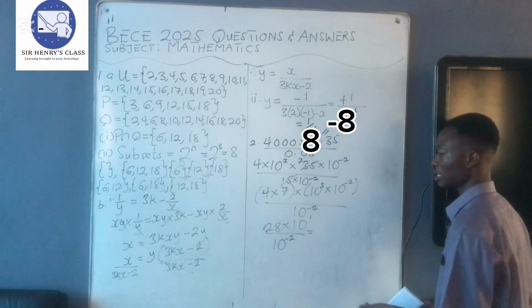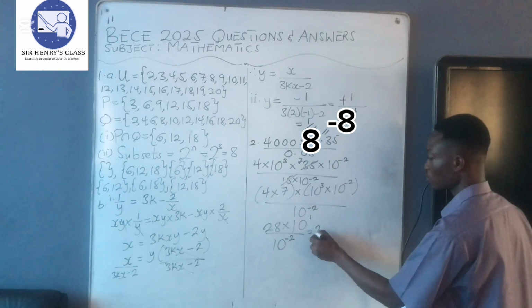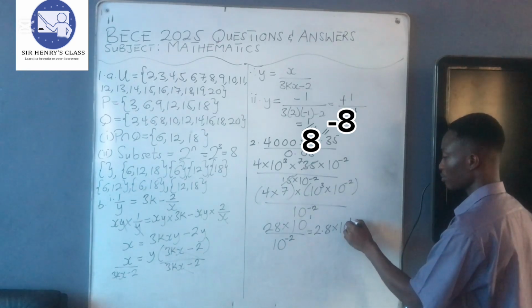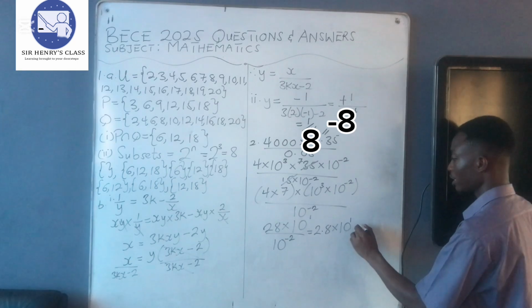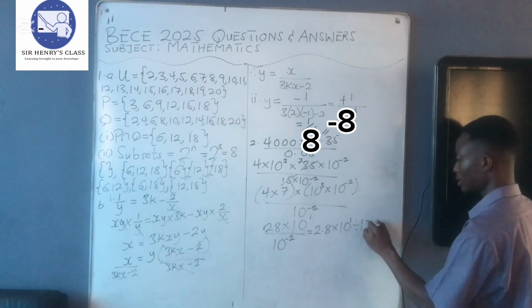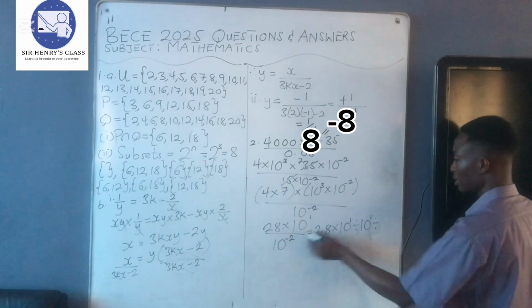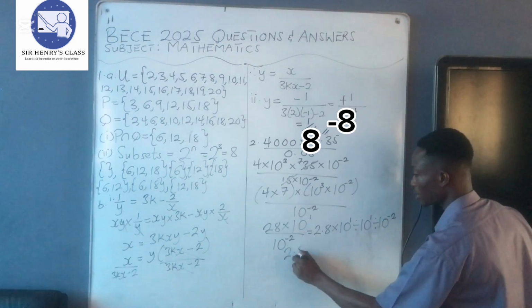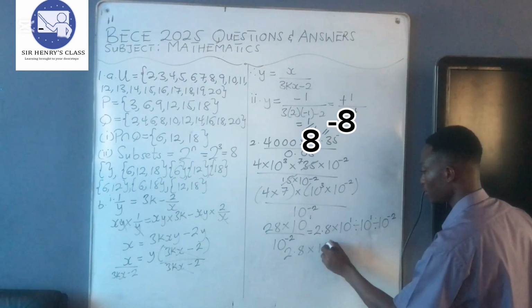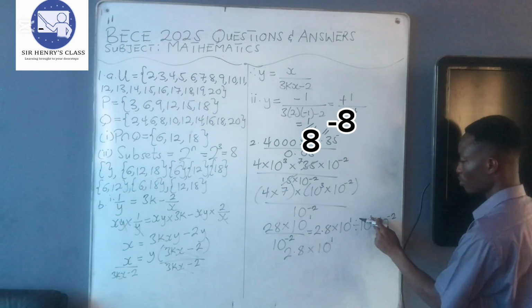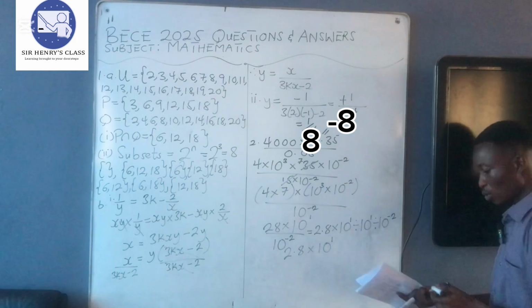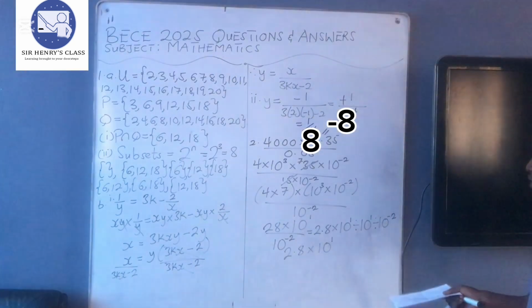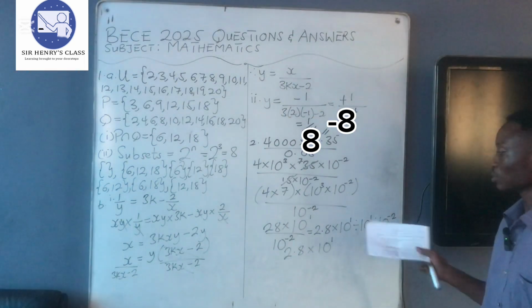You can express this as a number in standard form as 2.8 times 10 raised to the power 1, since we introduced a decimal. We recall from indices that for similar bases, when we are dividing them, the law says we should subtract.